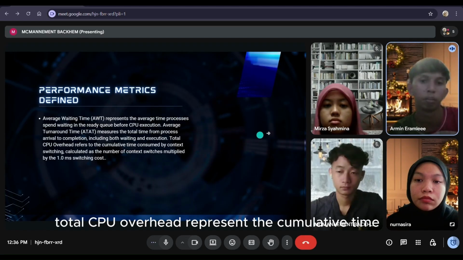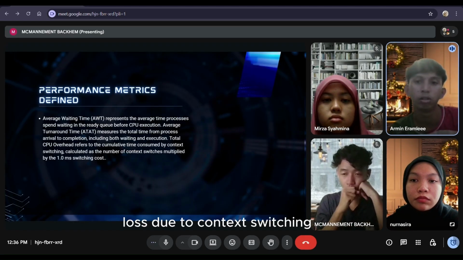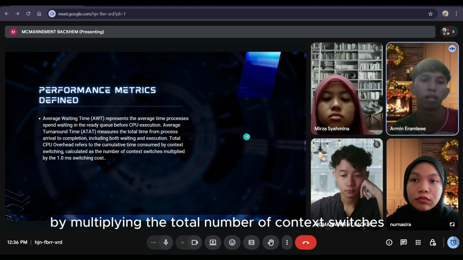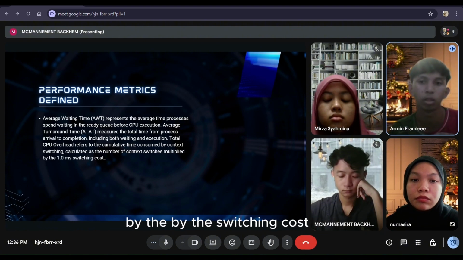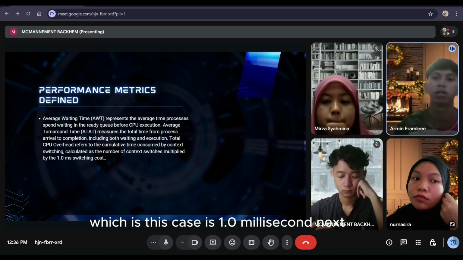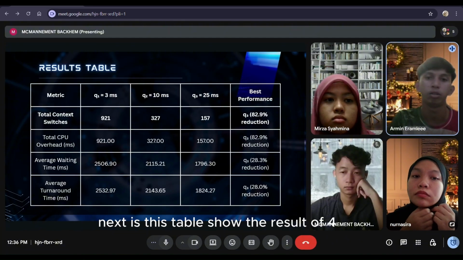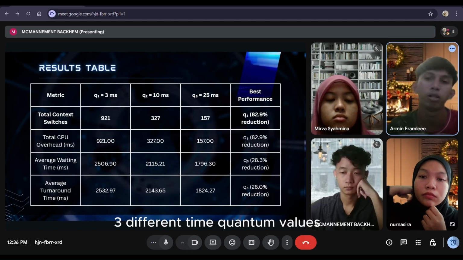Lastly, total CPU overhead represents the cumulative time lost due to context switching. It is calculated by multiplying the total number of context switches by the switching cost, which in this case is 1.0 millisecond.